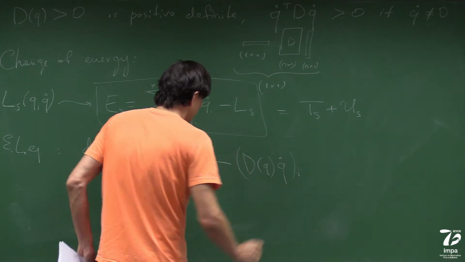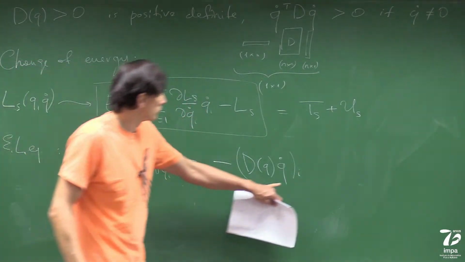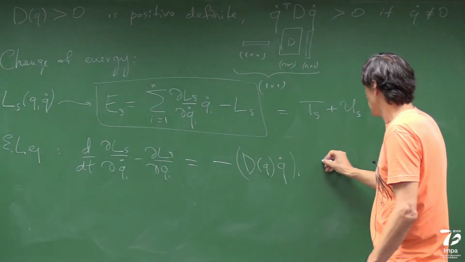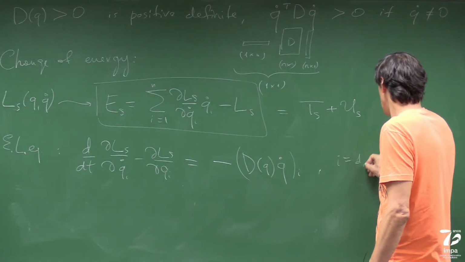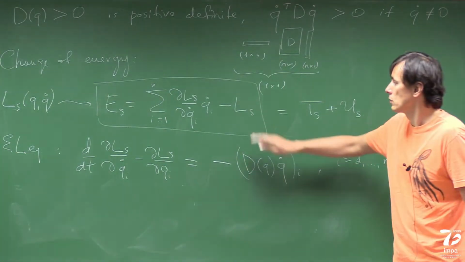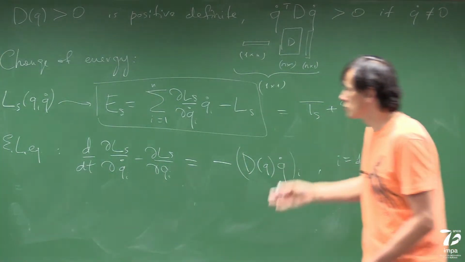It's written for the i-th component, right? So we put just the i-th component of this vector, because this is a vector, and this is for all components. So this is the equation of motion. This is the energy. So let's see how the energy of the system will change.